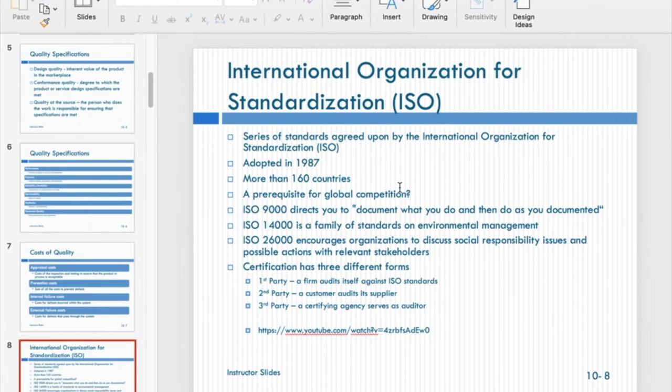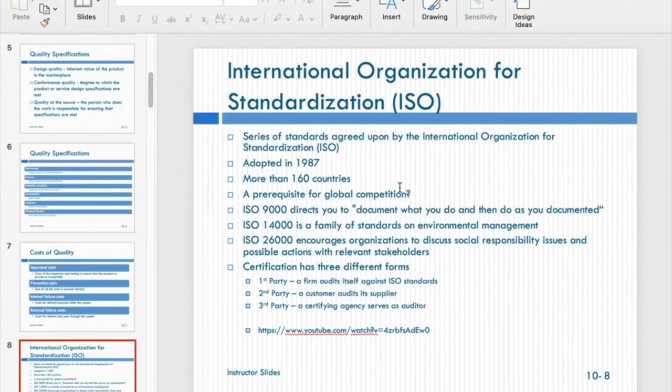Let me briefly talk about ISO 9000. ISO 9000 standards are based on 7 quality management principles. Since it's related to quality management, it has to have some principles or very specific criteria. Let me list all those 7 different areas.